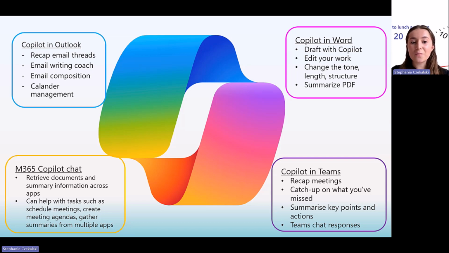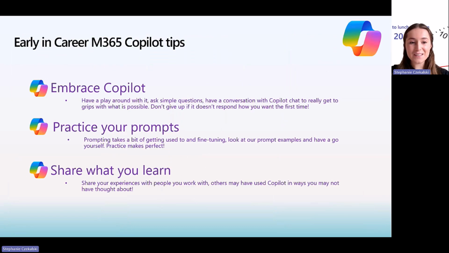You can catch up on any meetings you've missed, maybe you're late or can't attend, and you can summarize key points and actions that come out of the meetings. Again, you can also use Copilot to help respond to some Teams chats as well. So Copilot is a really well-rounded tool, and you can use it in any way to help you in your working life.